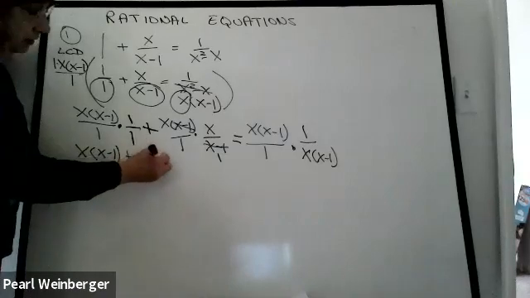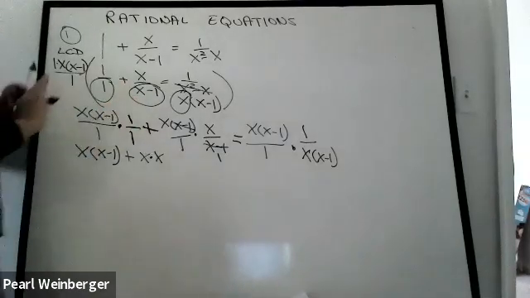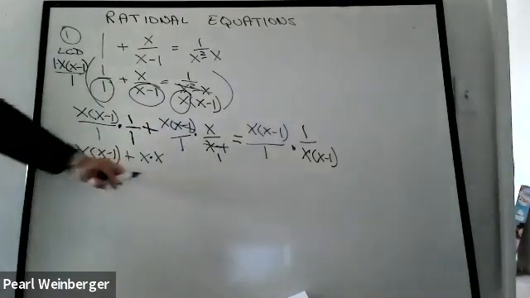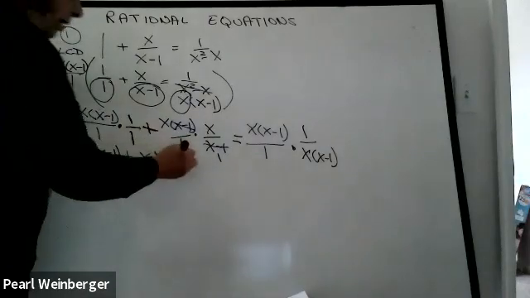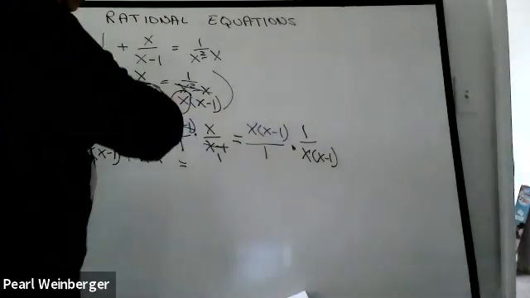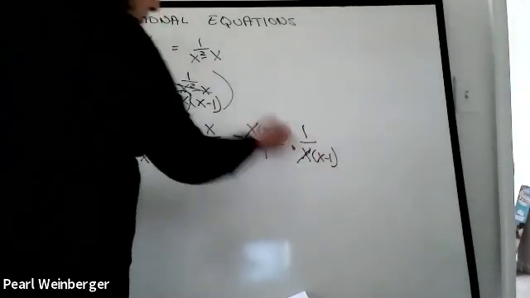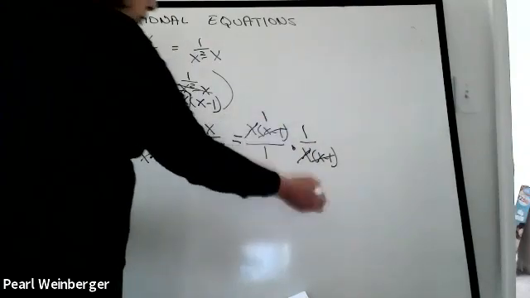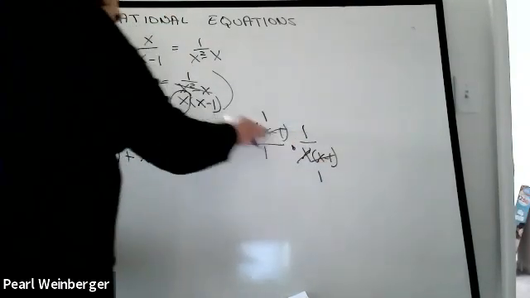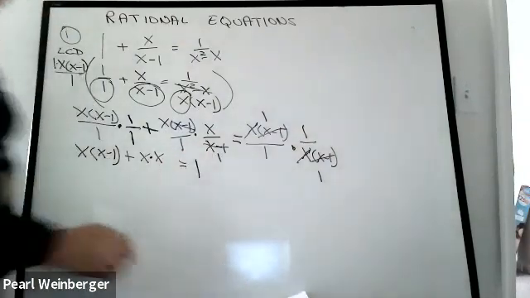Now, obviously, this is x squared, but I'm just showing you what I'm left with. I'll do the multiplications at the next step. Finally, we're over here. And guess what? The x cancels with the x, the x minus 1 cancels with the x minus 1. I'm left with 1 here and 1 here. In other words, everything canceled out. And 1 times 1 just gives me 1.